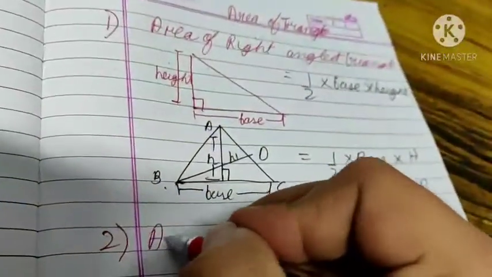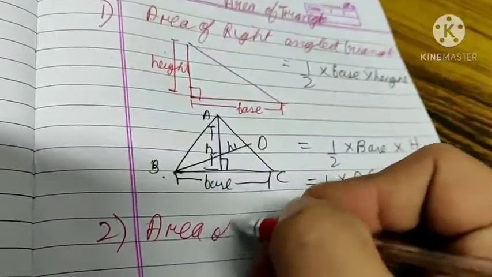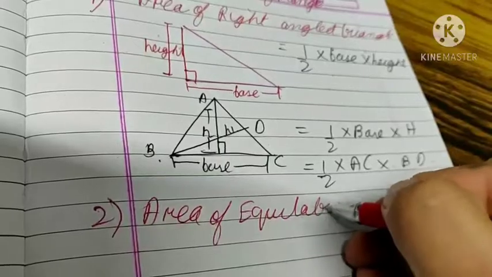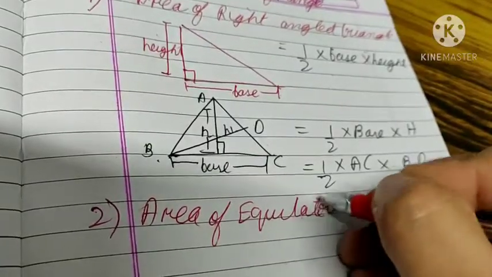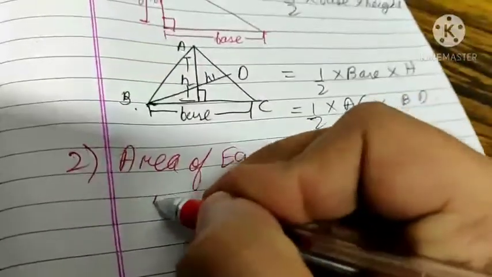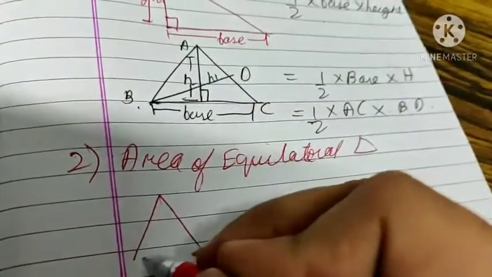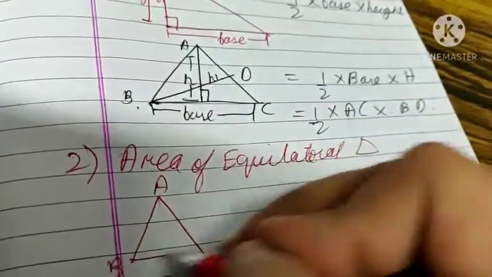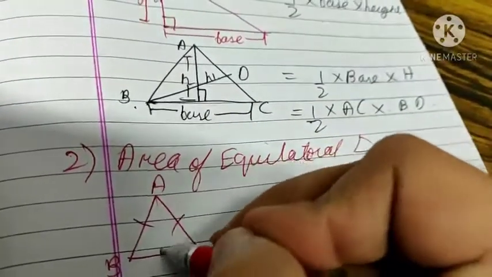Okay, the second form is area of equilateral triangle. Equilateral triangle means a triangle which has all the sides equal. ABC: this equals this equals this.